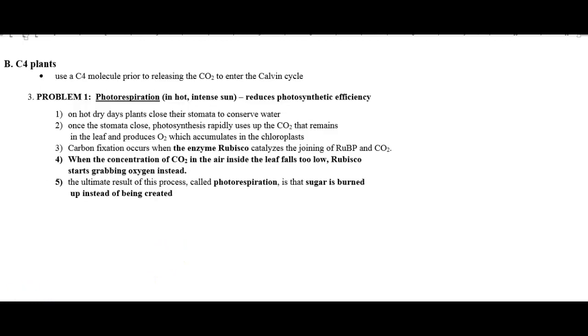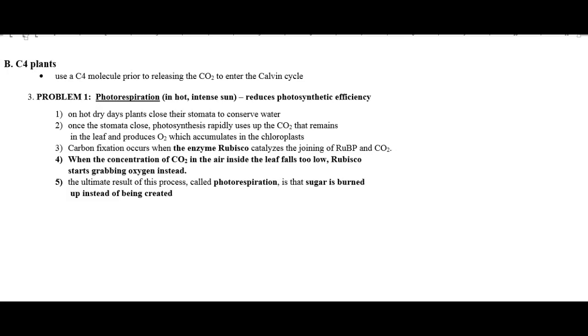So C4 plants. Problem number 1. They're going to be dealing with the problem of photorespiration. This is going to be hot, intense sun, and that is going to reduce their photosynthetic efficiency, because when it's really hot and dry, really intense sunlight, the guard cells are going to close the stomata, otherwise all the water would evaporate.